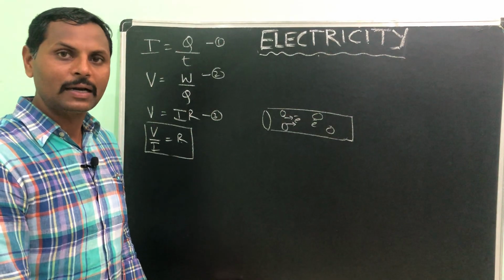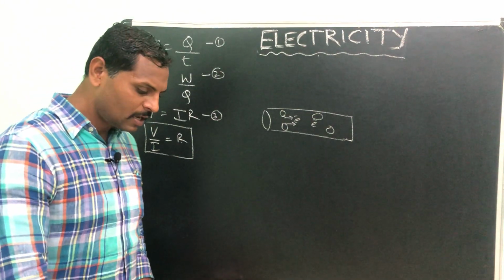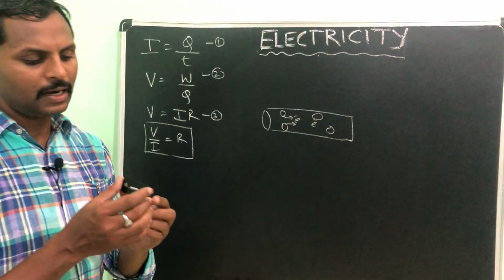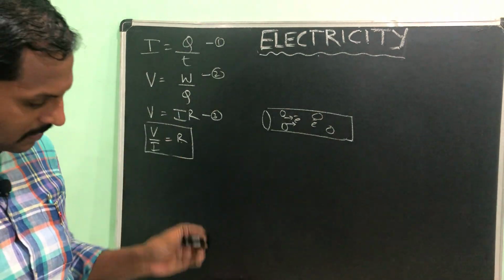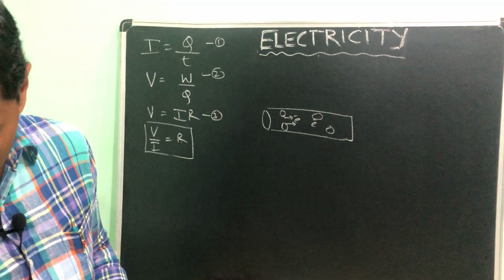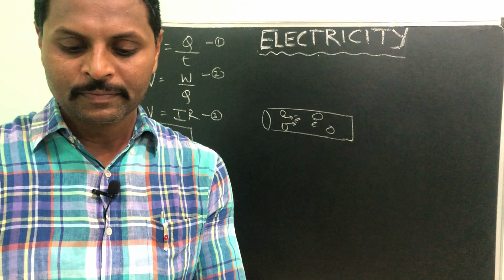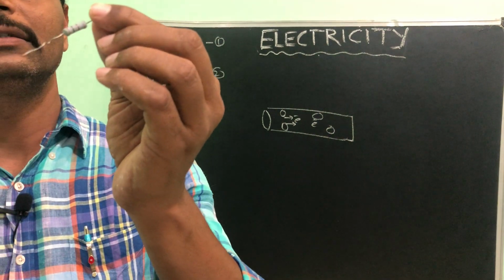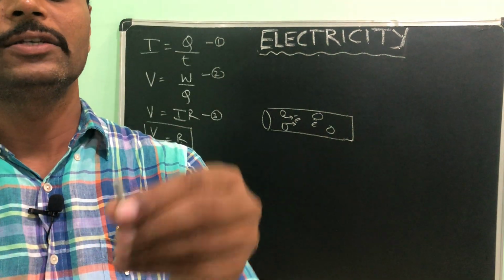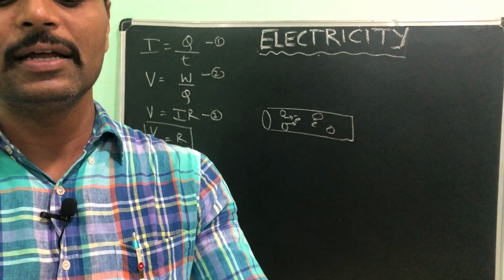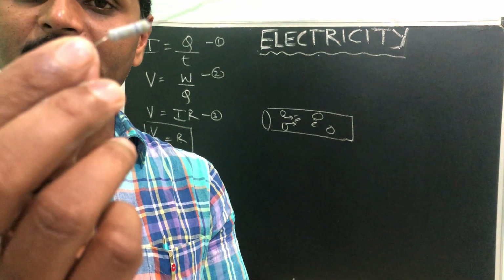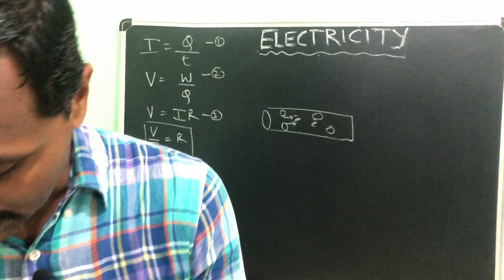Okay, all right. So I will show you some resistances here. You can see here, this is a resistance, and this is also a resistance. There are some color bands on these that you will learn in the higher classes.